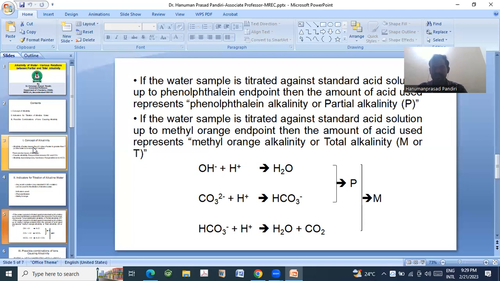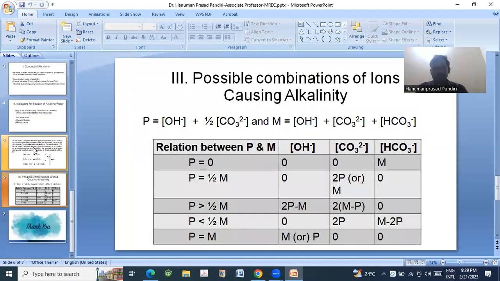So M can be formulated as M equal to OH minus concentration plus CO3 2 minus concentration plus HCO3 minus concentration. So by using these relations, we can design possible combinations of ions causing alkalinity. That is our third content.